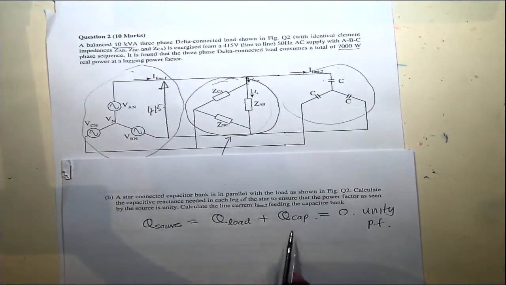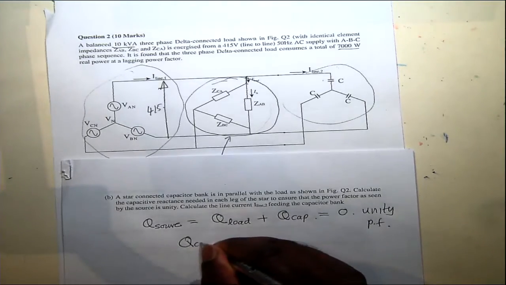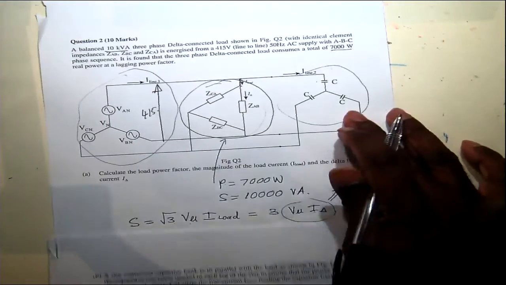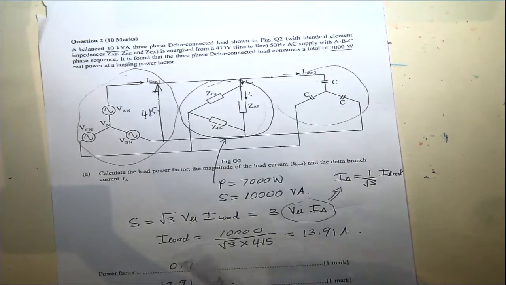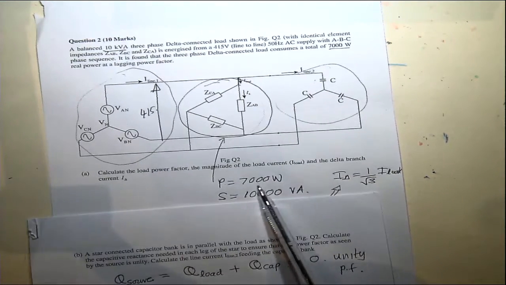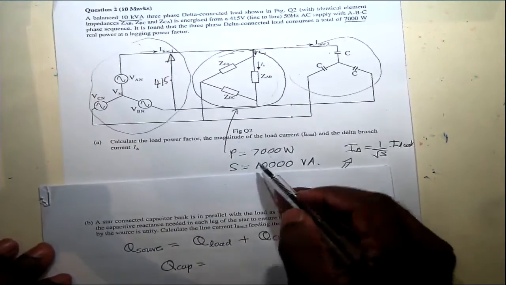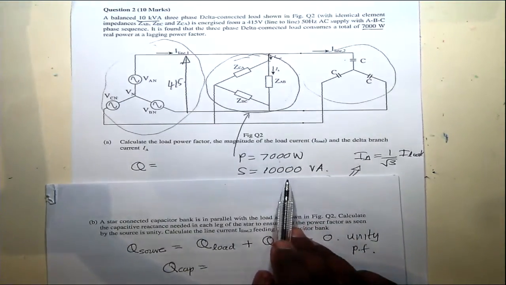So Q cap has to be the negative of the reactive power of this combination. Here the Q is the square root of S squared minus P squared.